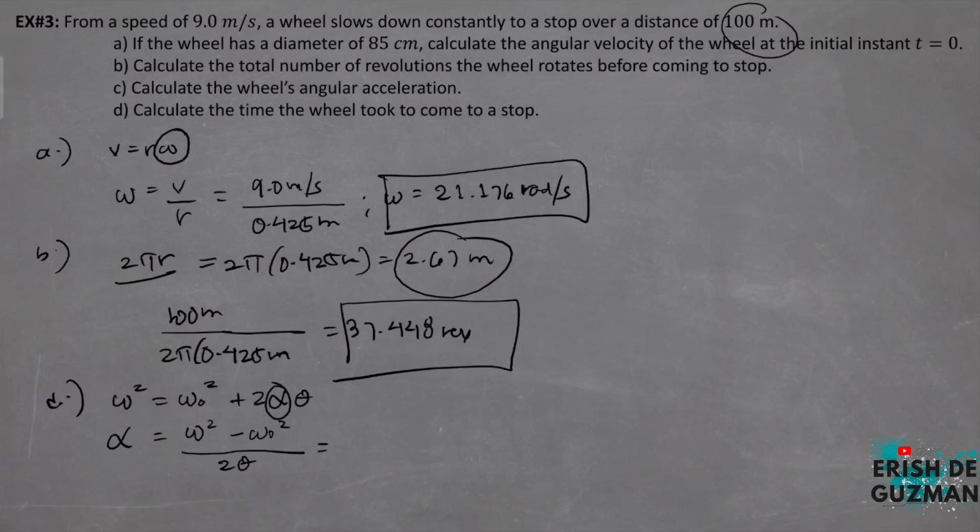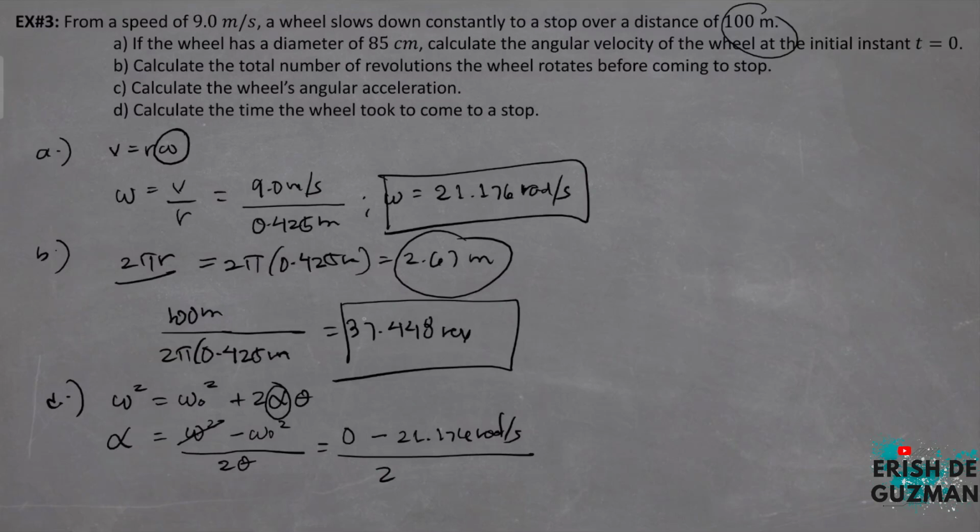And substituting the values, again, sa problem natin, nag-slow down hanggang sa mag-stop na yung wheel. So, ibig sabihin ng final angular speed is 0. We have 0 minus initial angular velocity is 21.176 radians per second divided by 2 times.